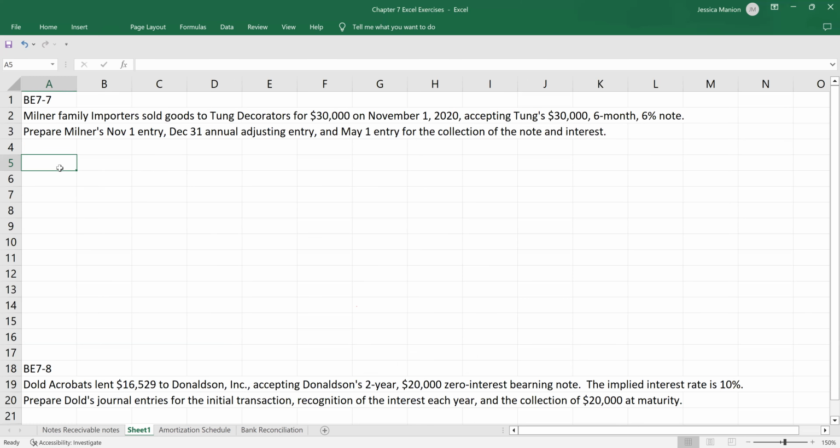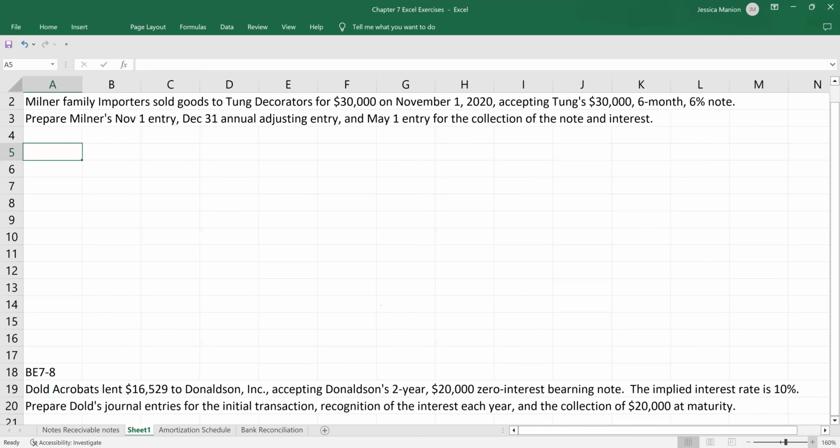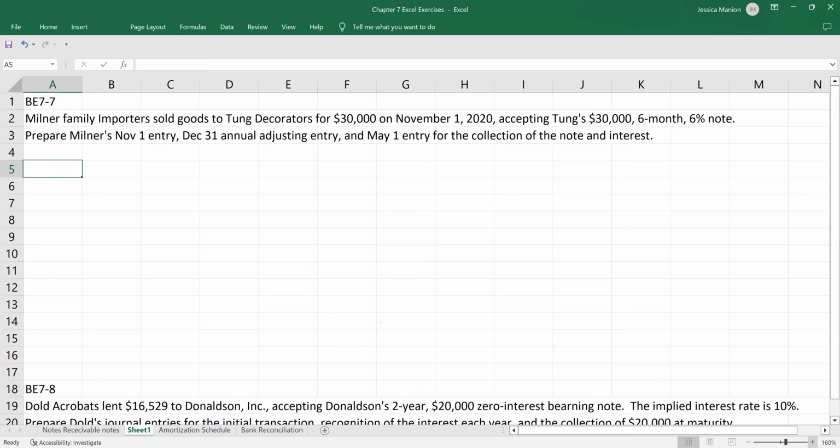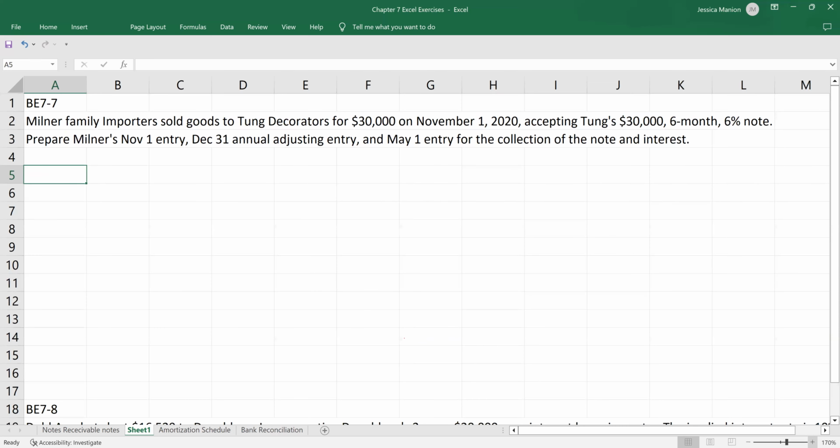So this is brief exercise 7-7. This one says Milner family, and I can try to blow this up a little bit more so we could see it as big as possible here. This is out of our book. It says Milner family importers sold goods to Tongue Decorators for $30,000 on November 1, 2020, accepting Tongue's $30,000 6-month 6% note.